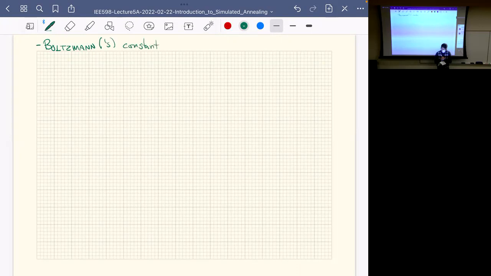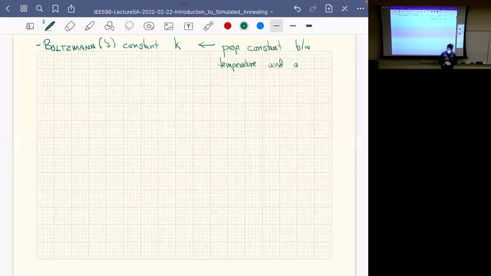It's usually just K, and you can look up the values for K. And it is just a conversion. It's a proportionality constant between temperature and average energy of a microstate configuration.